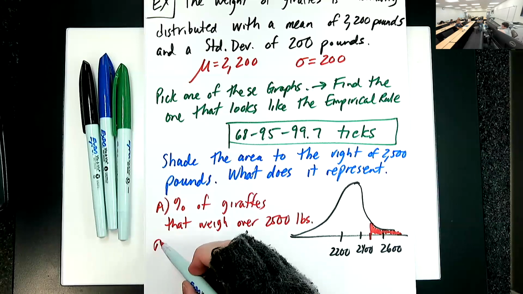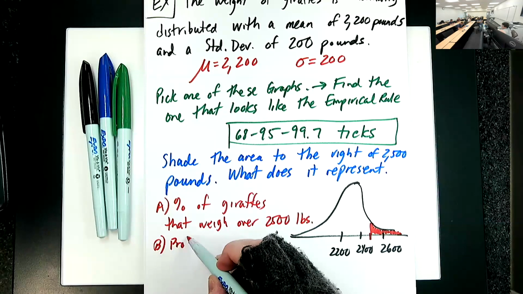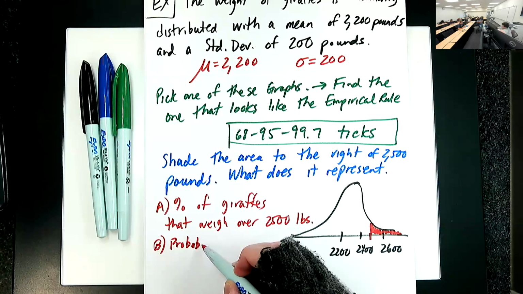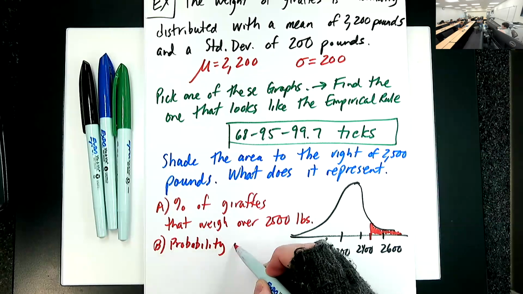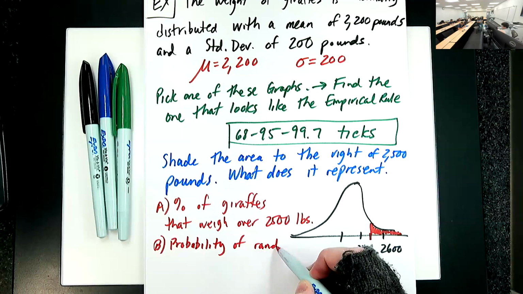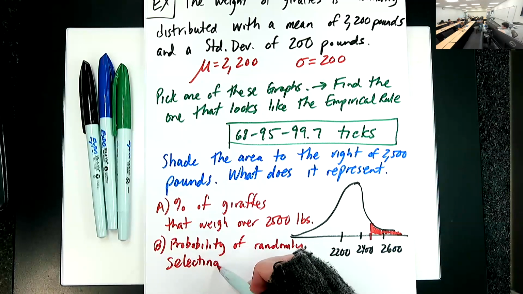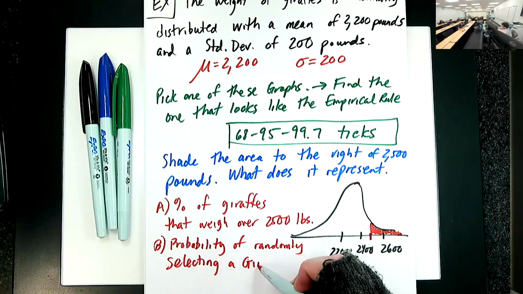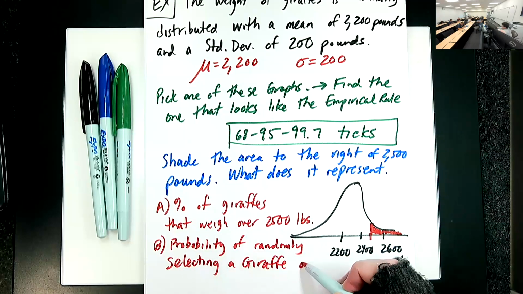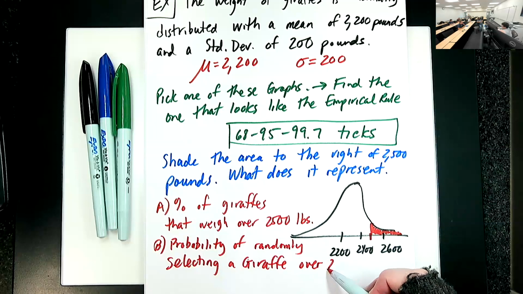Or B, the probability of randomly selecting a giraffe over 2,500 pounds.